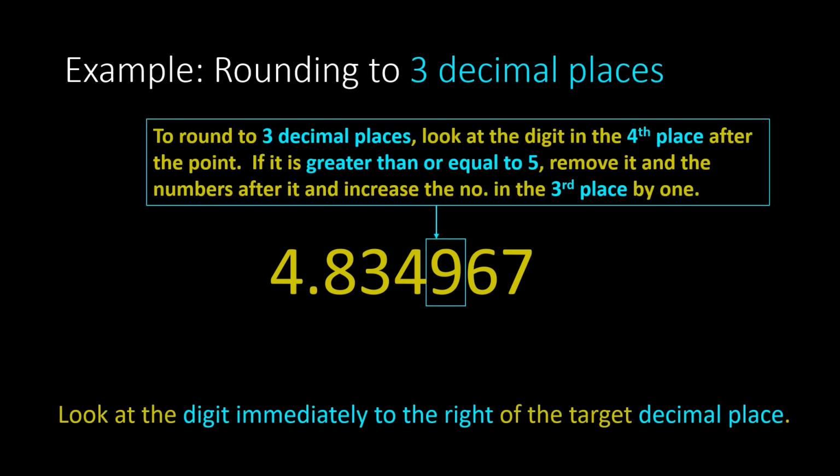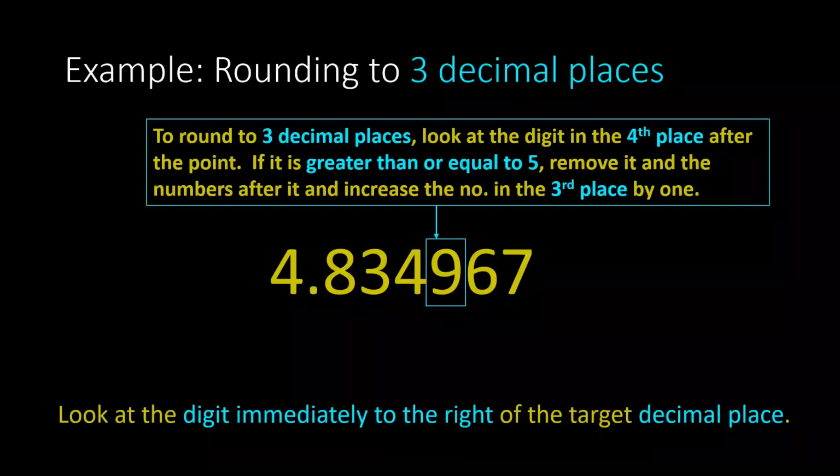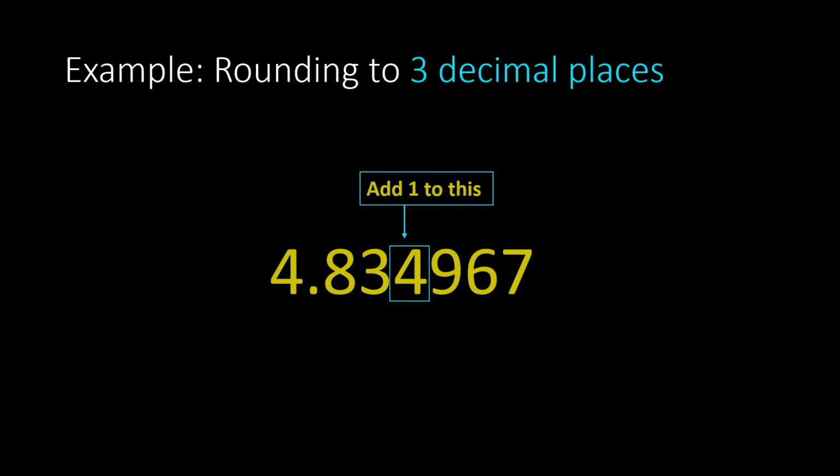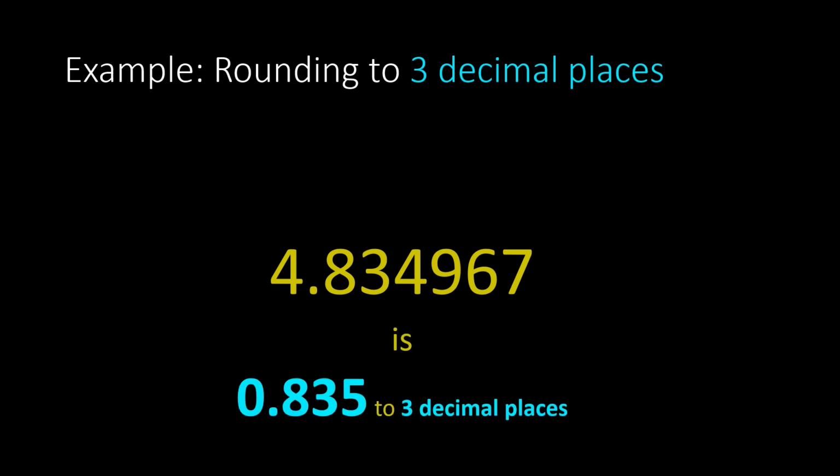We now look at the digit immediately to the right of the target decimal place, which is this number 9 here. Clearly it's greater than or equal to 5. Therefore we remove it and the numbers after it. So we remove these and then add 1 to this. So this number is 0.835 to 3 decimal places.